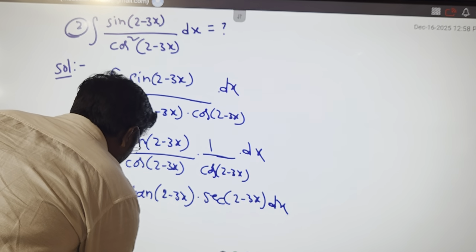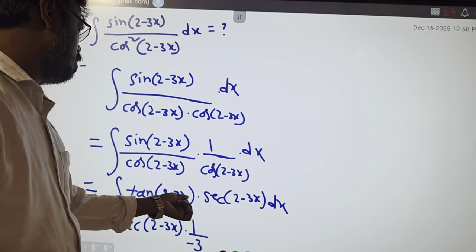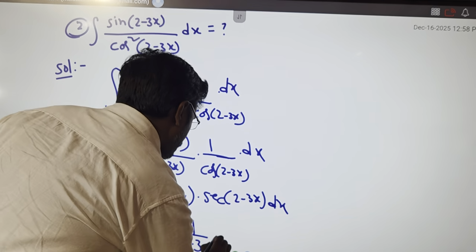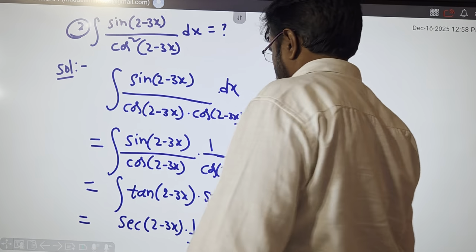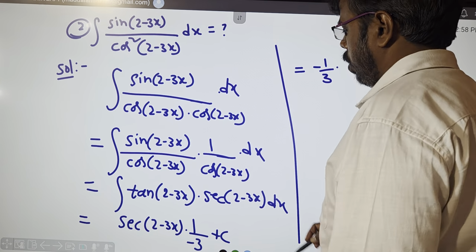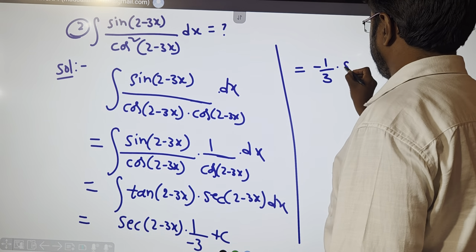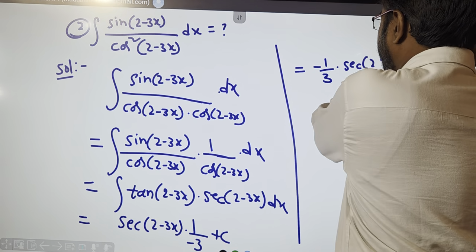So secant theta is secant of 2 minus 3x, but instead of theta we have 2 minus 3x. Immediately I can write 1 by minus 3, since the x coefficient is minus 3. The result is minus 1 by 3 secant of 2 minus 3x plus constant c.